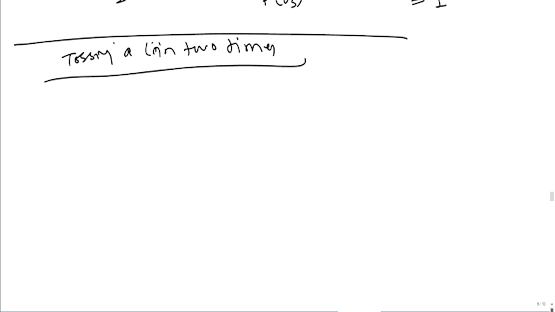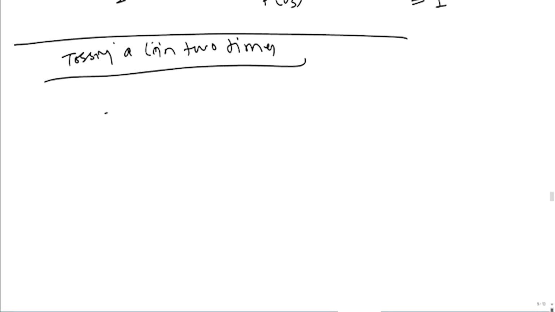Okay. Now, when you toss a coin 2 times, it could happen that you get heads on the first toss, you get tails on the second toss, or you get heads both times, right? So there are different possibilities that you can have. So what are all the possible outcomes that you can get in this experiment? If you toss a coin 2 times, okay, that would be your sample space.